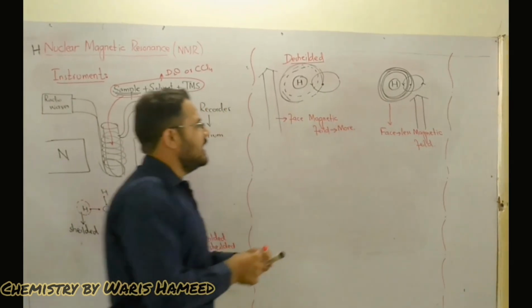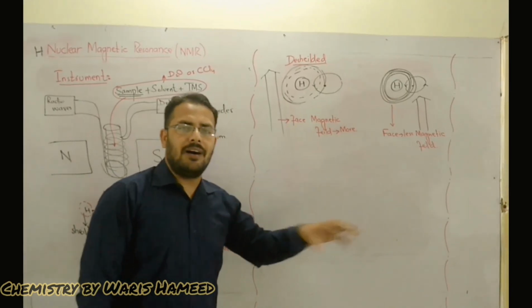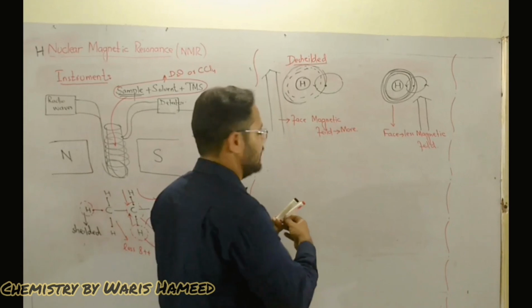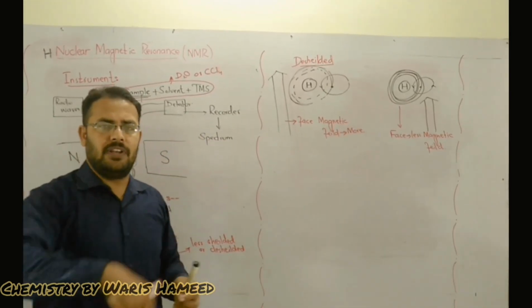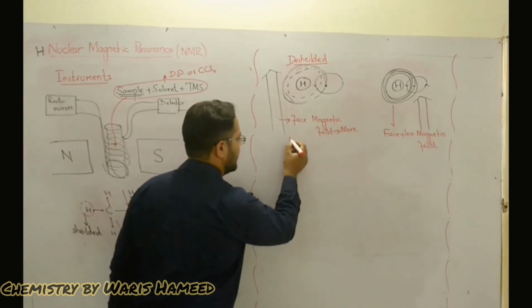Now we can say that in the de-shielded case there will be a large value of parts per million. It will show greater field, so its signal should be away or will have a greater value, a large value.